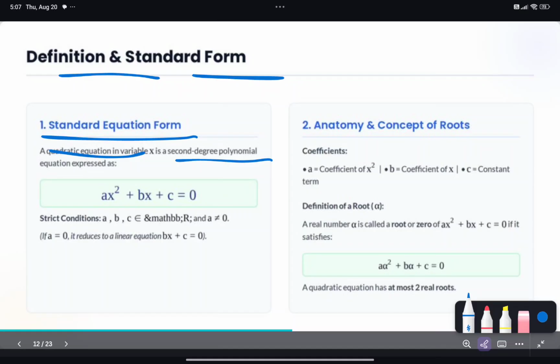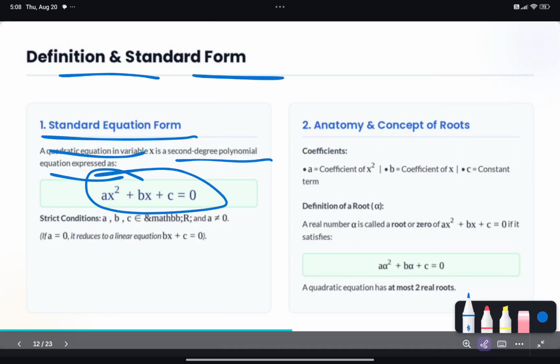Second degree. How do we express the equation? Ax square plus bx plus c is equal to 0. The strict condition here is that a, b, c belong to rational numbers.